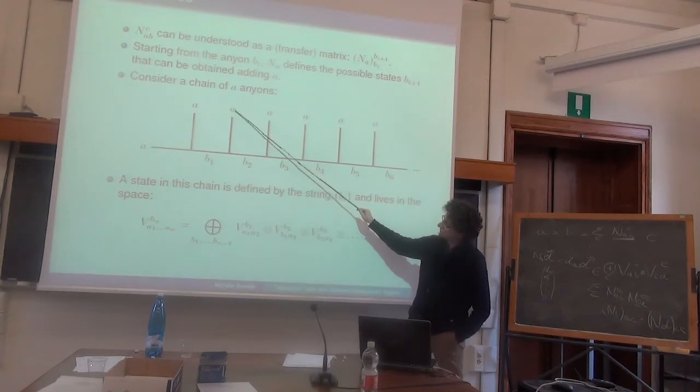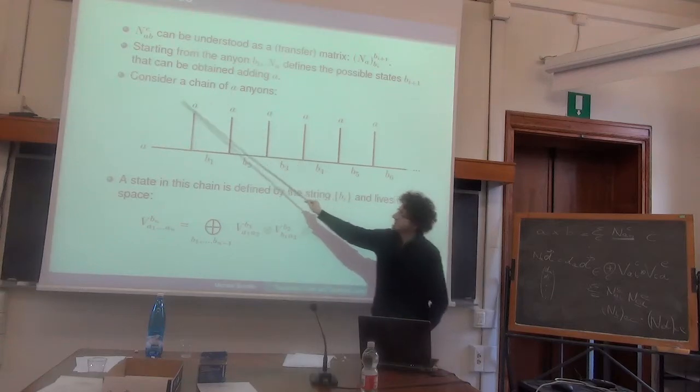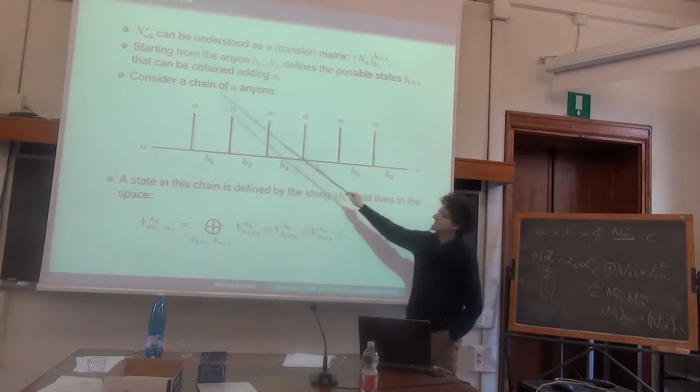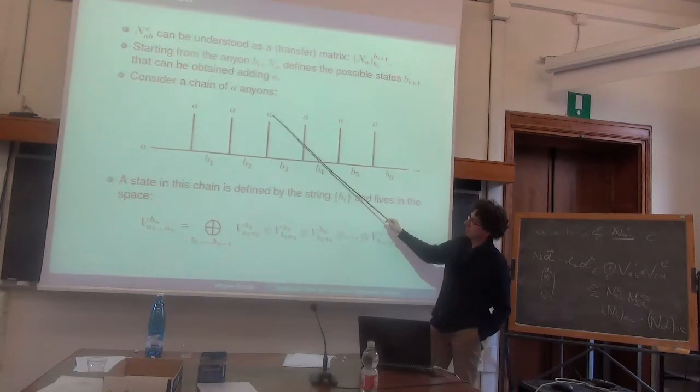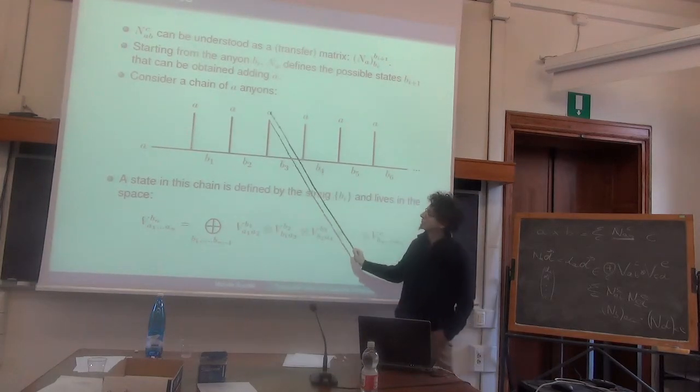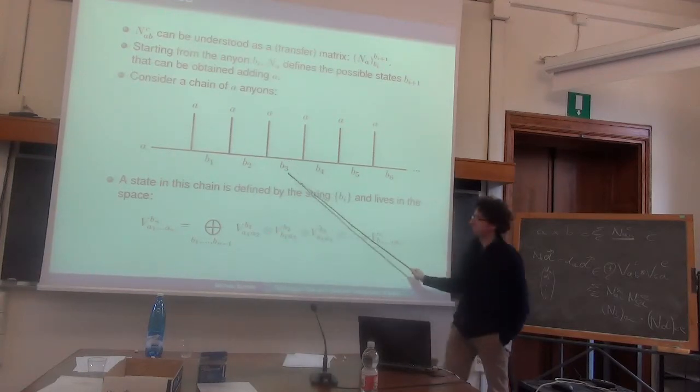Then I fuse also the third anion in the system and evaluate the total charge of these three quasi-particles, and the total charge is B2. Then I add A again, and the total charge of the first four particles is B3.